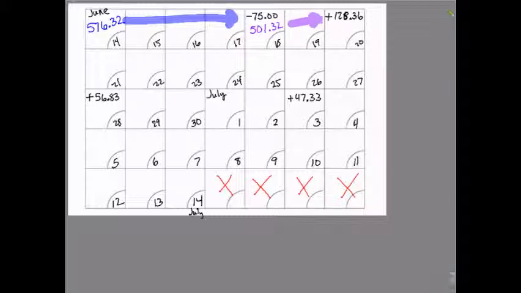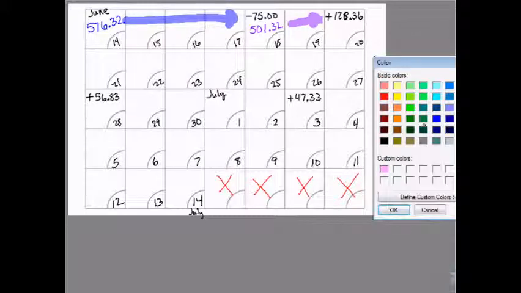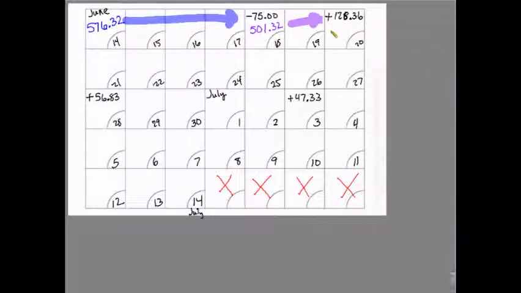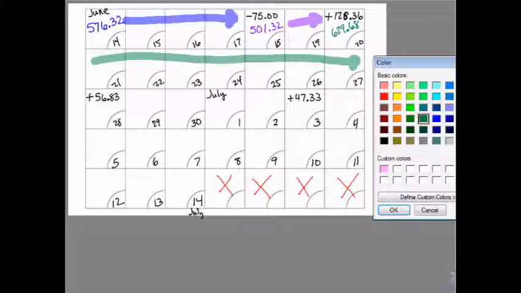Okay. Once we get to that 128.36, we add that in. 629.68. Yeah, and I'm just on the wrong pen. And then we stay at that balance all the way to here.